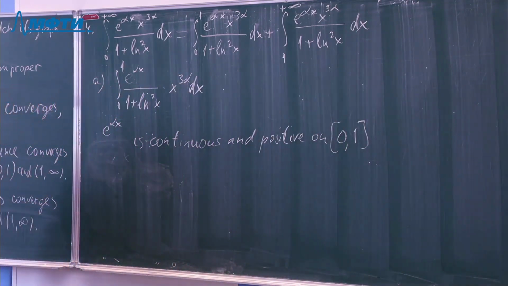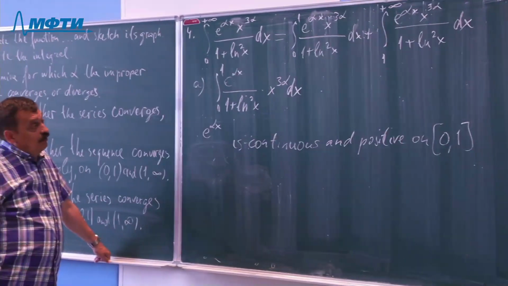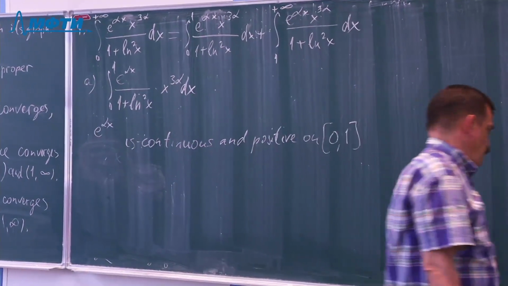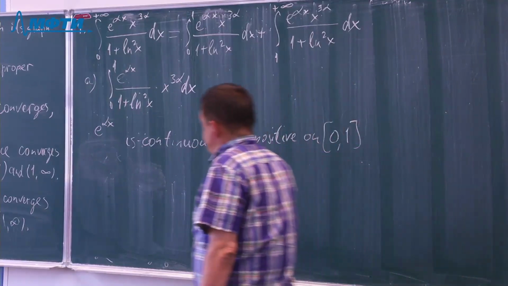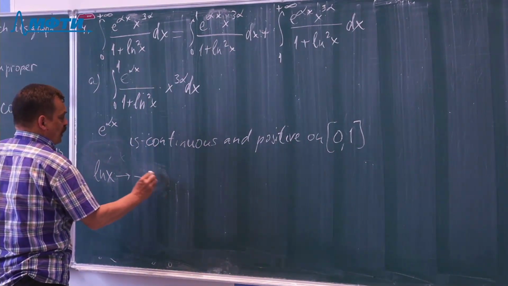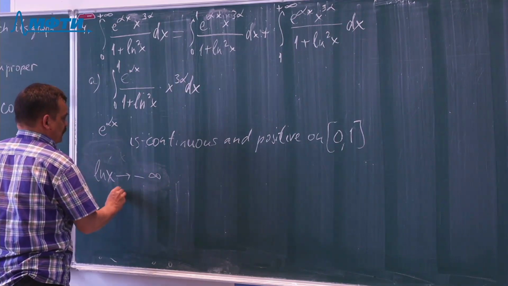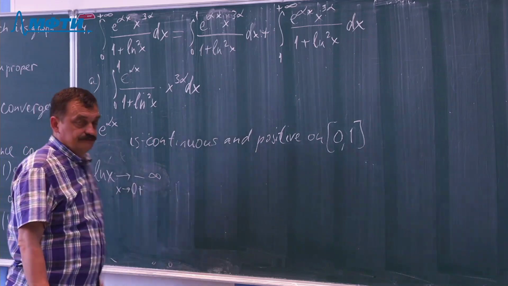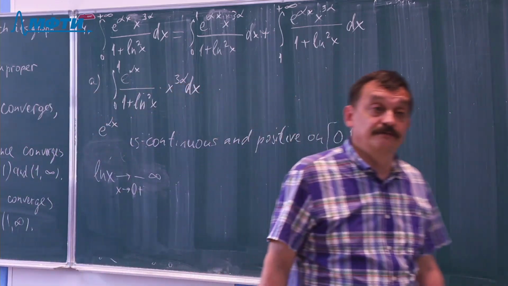And e to the power alpha x is continuous and positive on (0, 1]. What happens with the rest? Logarithm x tends to minus infinity as x tends to 0 plus, right?